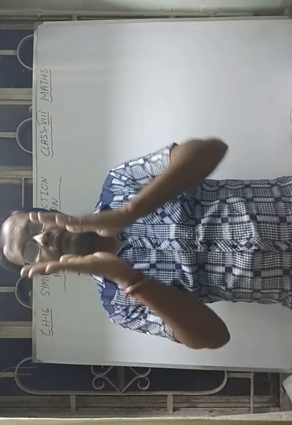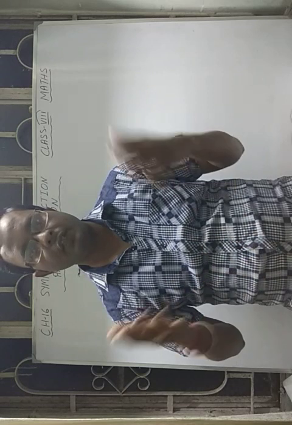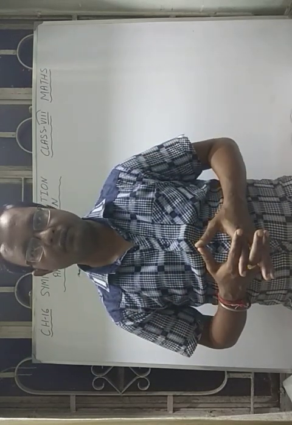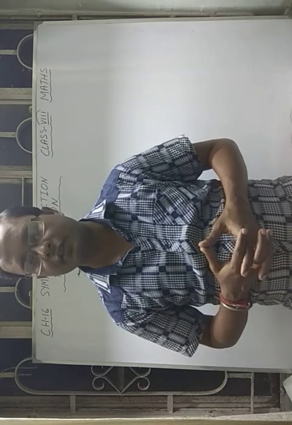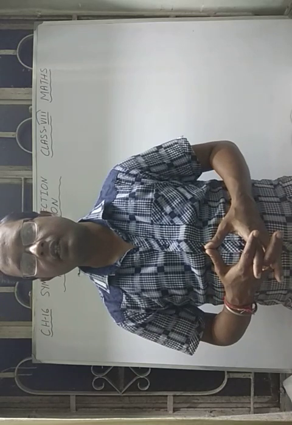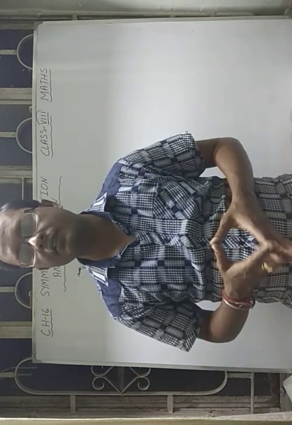Suppose if you take your two palms and match them, they are symmetric to each other. When you stand in front of a mirror, your image and you are symmetric to each other. So these are called symmetric figures. Reflection: we have read in physics that the bouncing back of light is called reflection.